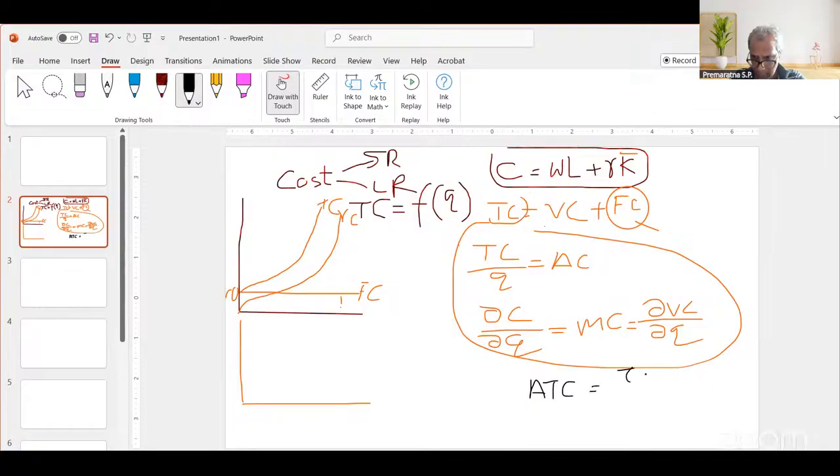Then the variable cost divided by Q gives the average variable cost.